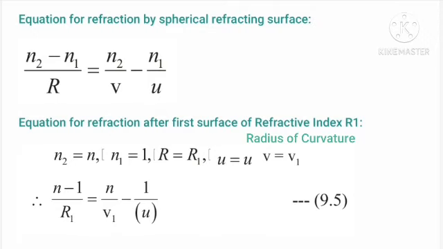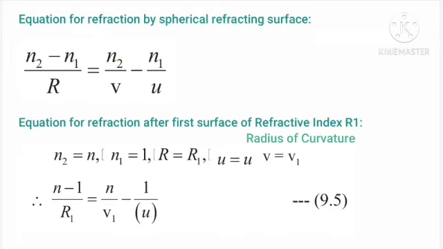The image is formed at I1, which is distance v1 from the pole, so image distance v is equal to v1, and the object is kept at distance u from the pole. Putting these values in the equation, we get equation 9.5: n minus 1 upon r1 is equal to n upon v1 minus 1 upon u.